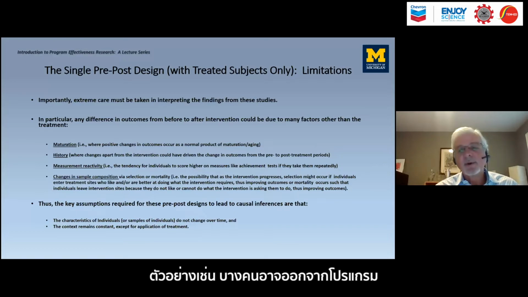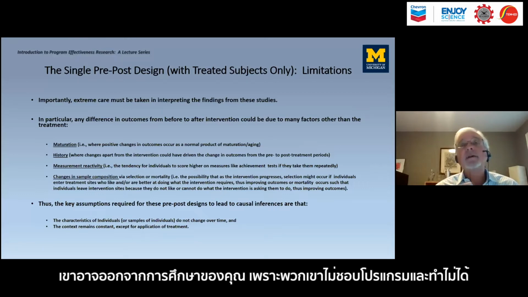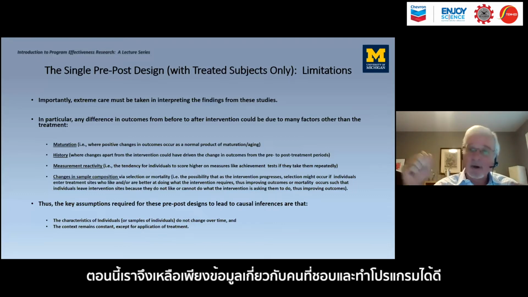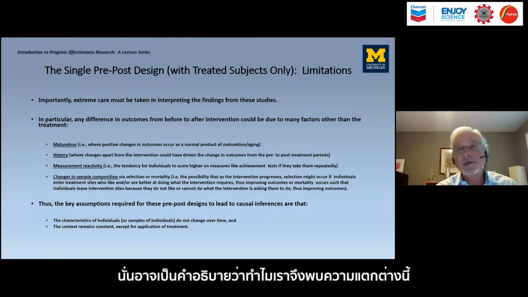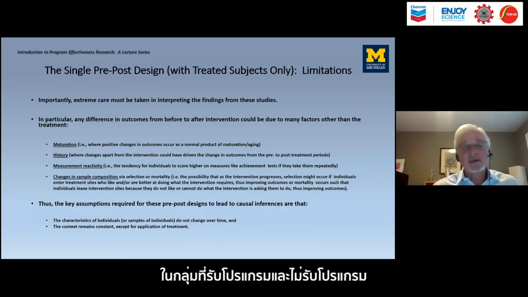For example, individuals might leave your study because they don't like the intervention and can't do it. So now we're left only with the data on people who can do the intervention well and like it. And that could be the explanation for why we get this difference in treated and untreated.